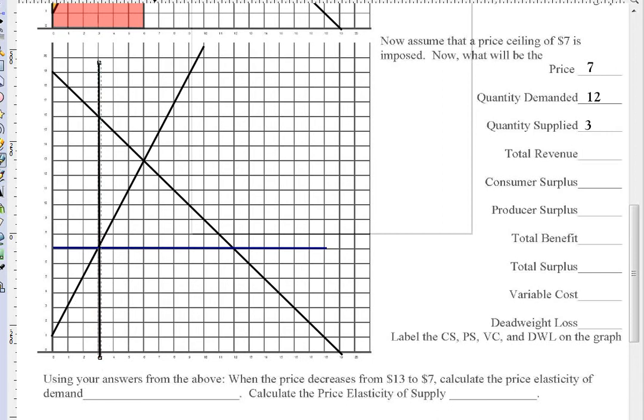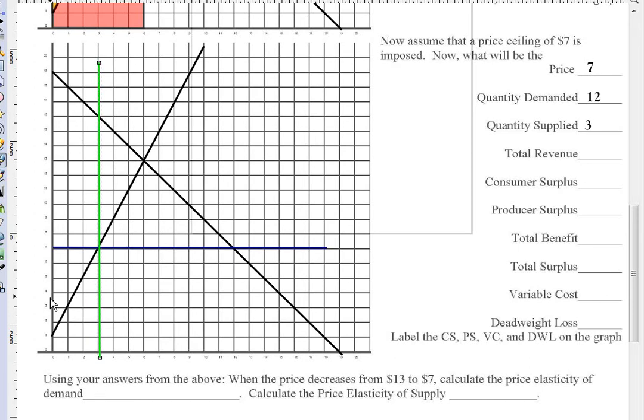And let's see, we'll make that maybe green. Now, why do I draw that there? Well, because all the action, everything interesting that we're going to talk about is going to happen between 0 and 3 units. You're not selling the 4th, 5th, 6th, or 7th unit. So we're going to focus our attention on the left here.